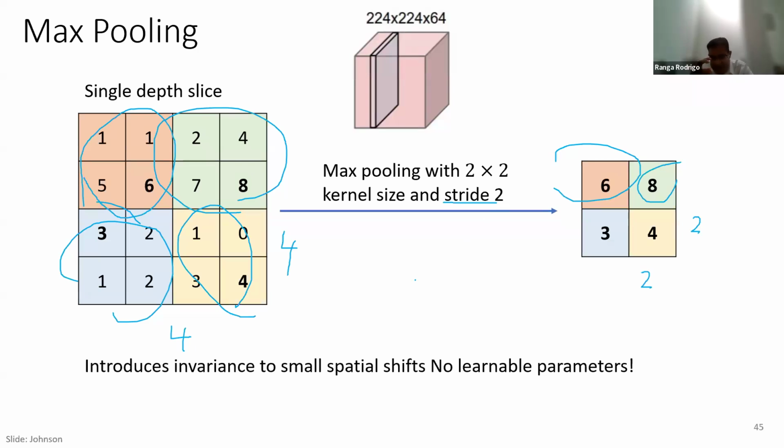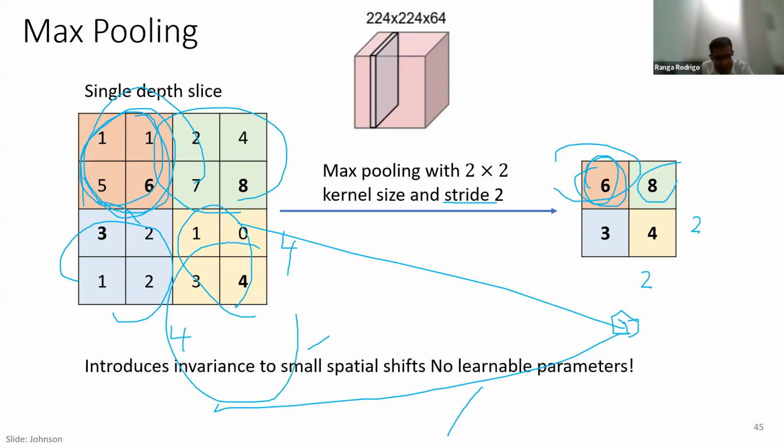Because of this reduction of the size, although you reduce the size, you can see this 6 sort of has information of all these things. When you take a convolutional neural network, in the latter part, if you take just one element, that element would have given rise from a large number of pixels in the input, maybe 50 by 50 range.